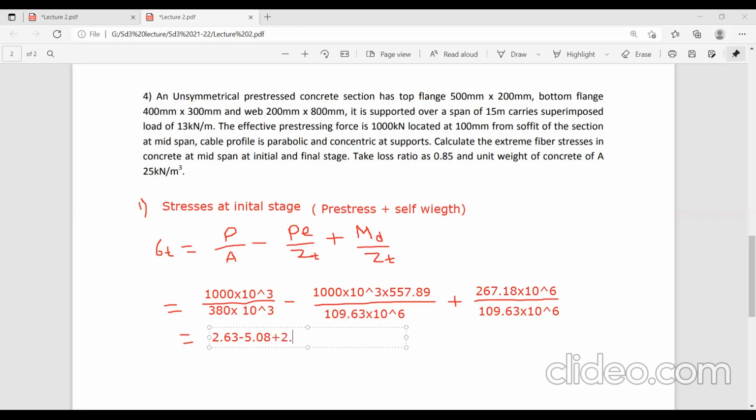So final stress value, how much will we get? 2.63 minus 5.08 plus 2.43. So it will be minus 0.02. Student, did you get the same answer? Anybody have done the calculation?